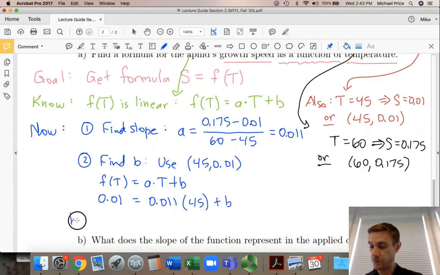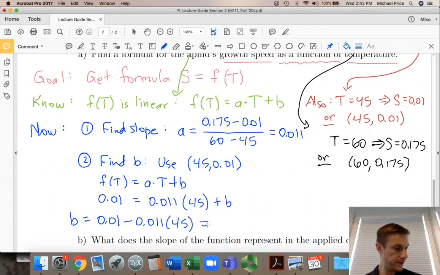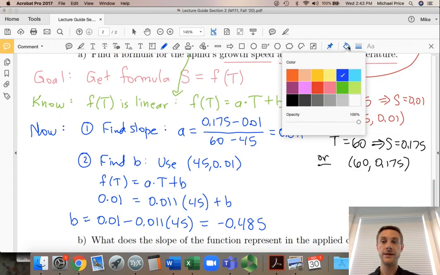So if we take away this 0.011 times 45 from both sides, we get ourselves a value for B. That looks like kind of a mess, but it's not an awful number. I think it's 0.485 that we come up with. So it turns out we've done it. We've got ourselves a formula.